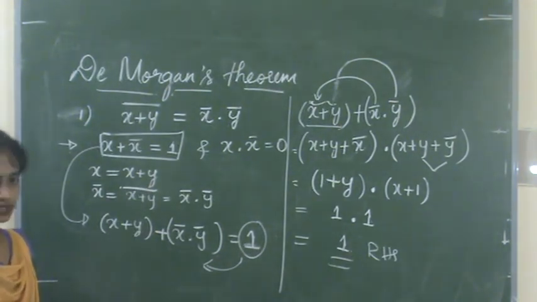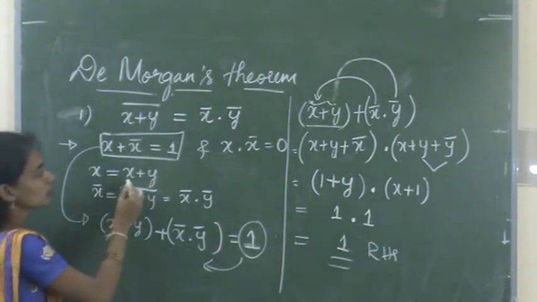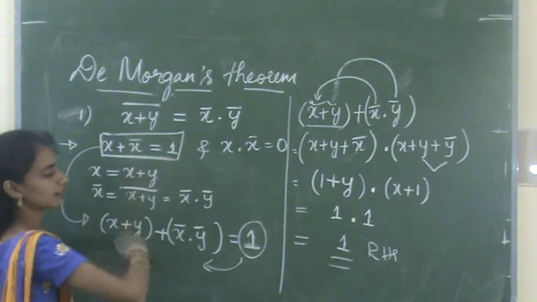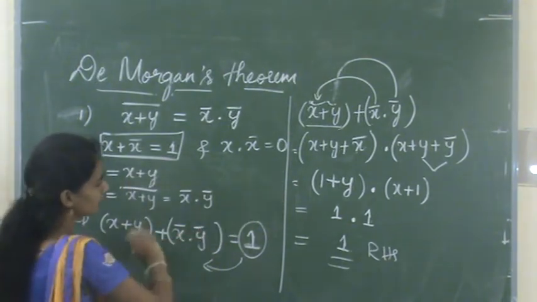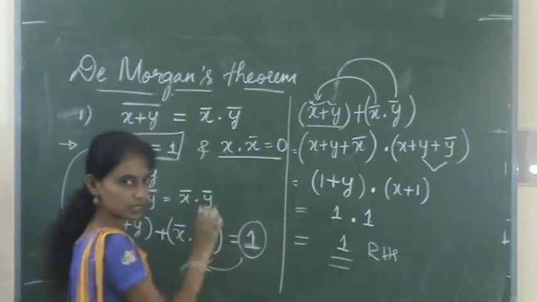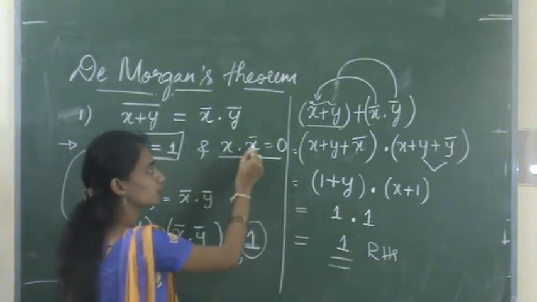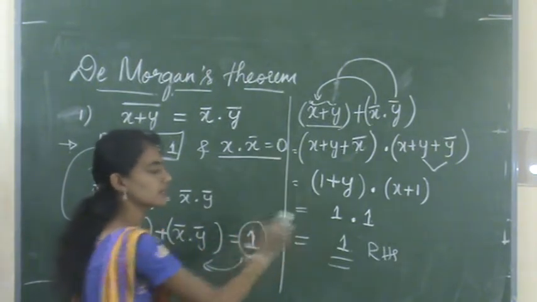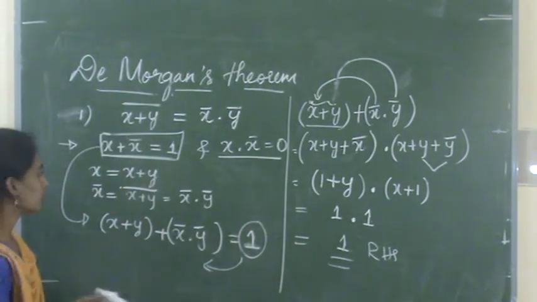Okay, you understand? So we are taking this equation and then we proved, right? Same way we can take this equation. Okay, so this law, we have to substitute the values of x and x bar and prove that it is equal to 0. Okay, let me see.